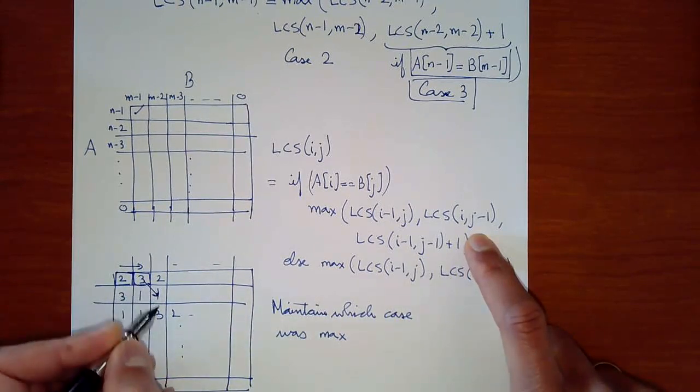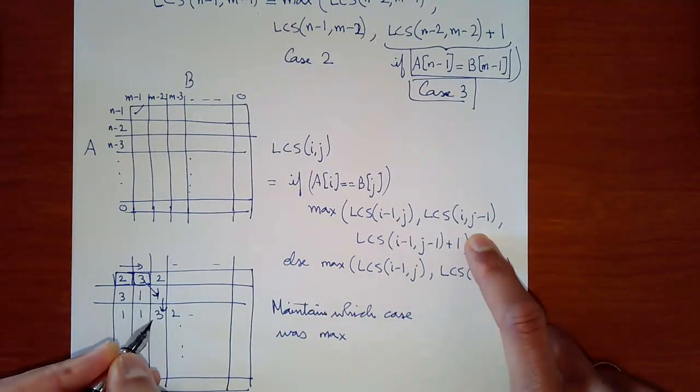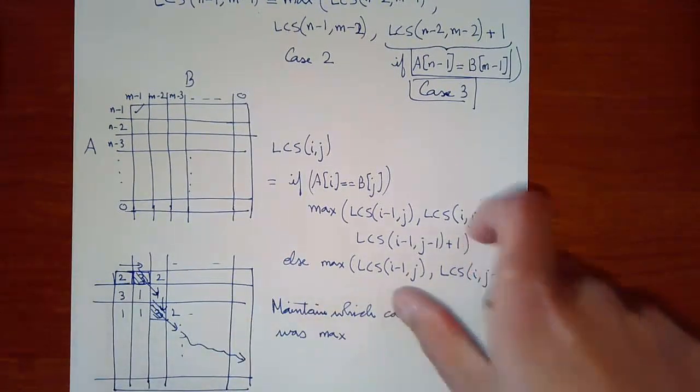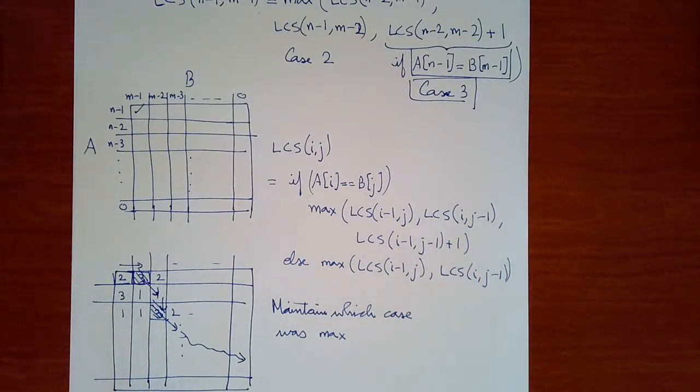And if you're in case 1, then you move down. Case 3, you record the match of this and this, and then you move in this direction, and so on and so forth. If you look at this, this will take you along a path that goes all the way down, which is monotonic. Does this make sense? Questions about this?